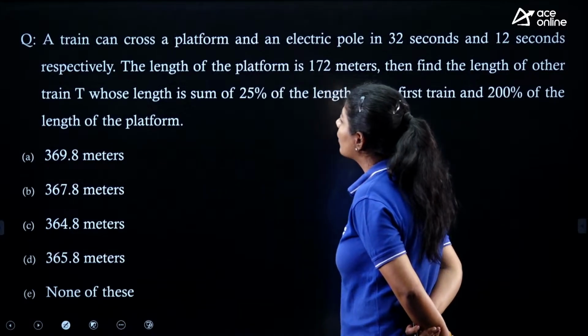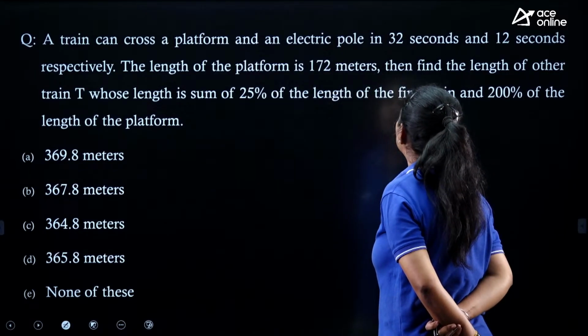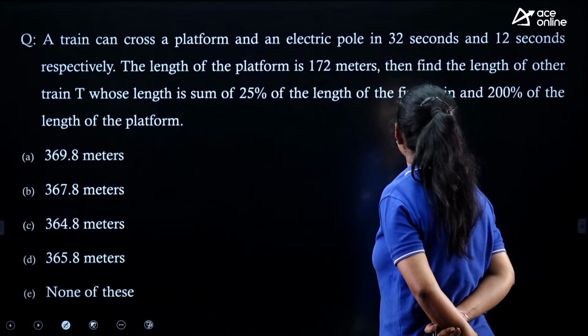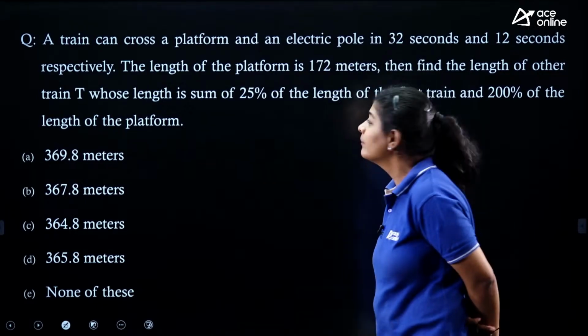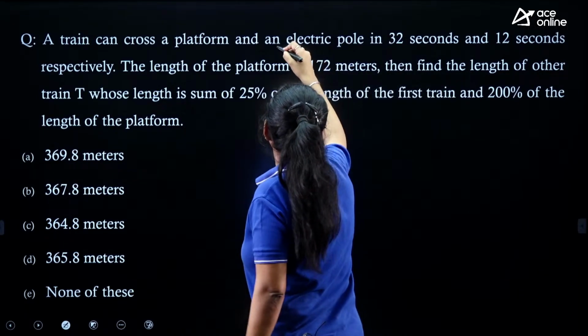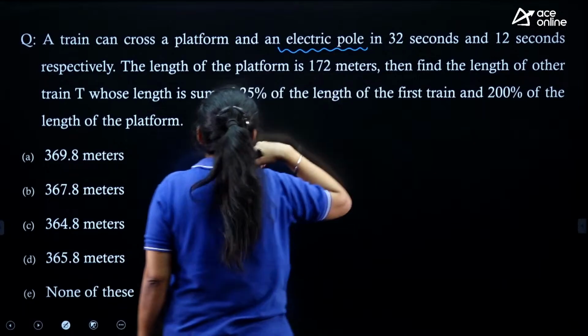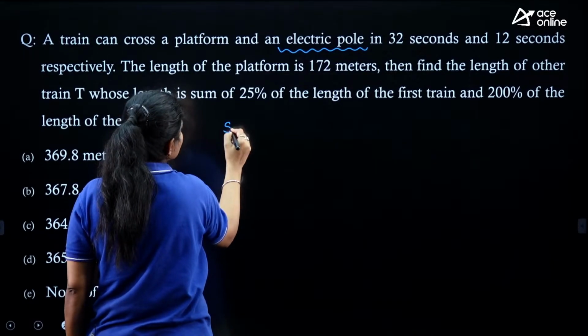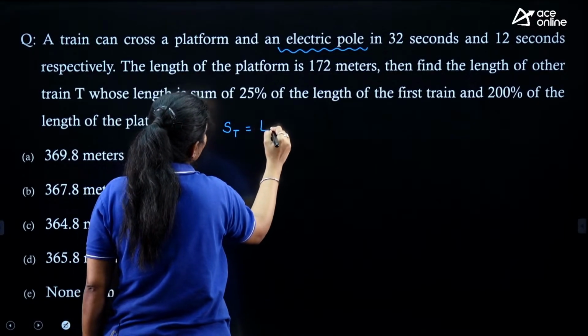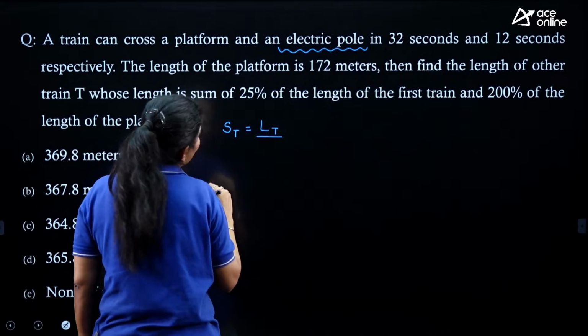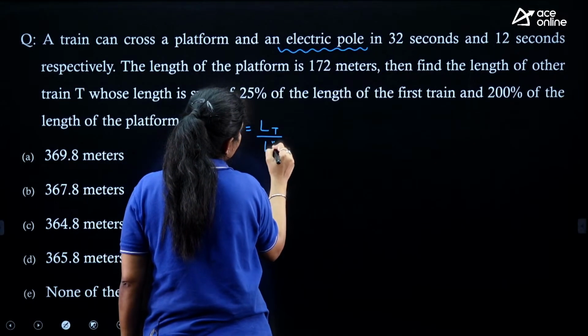A train can cross a platform and an electric pole in 32 seconds and 12 seconds respectively. So with the help of the electric pole, we can say that the speed of the train is nothing but the length of the train divided by 12, right?